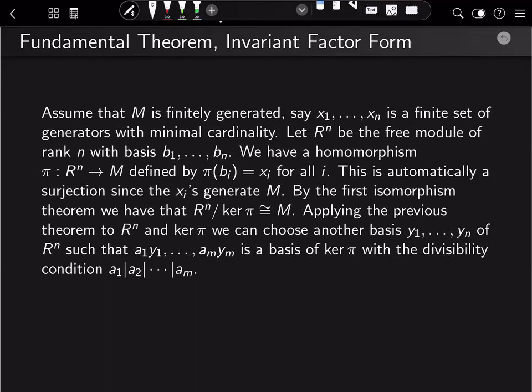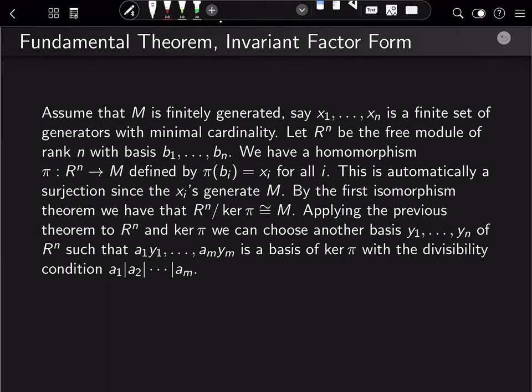Now, by the first isomorphism theorem, we have R^n mod the kernel of pi is isomorphic to M. That's just because pi is surjective. And we can apply the previous theorem, the theorem that we stated at the beginning of the video and the one that we proved in the previous video. We can apply the theorem when R^n is our free module and the kernel of pi is our submodule.